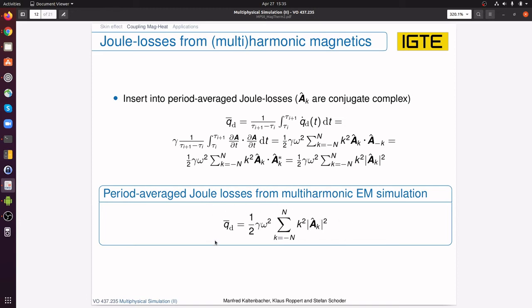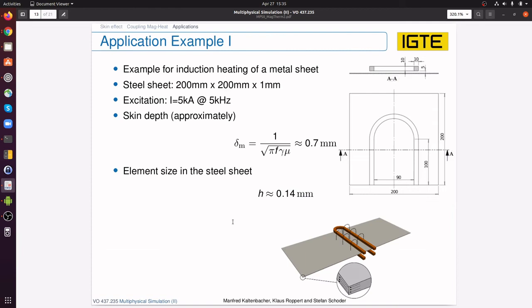So these are period averaged Joule losses, and these are our right hand side in the heat PDE. Okay, then we are already coming to the application examples.